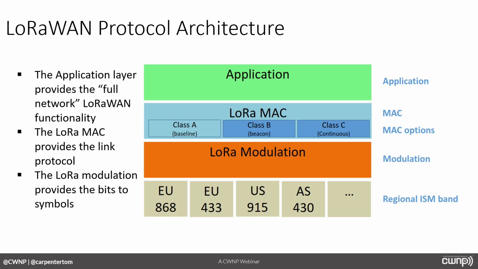But the specific frequency bands are 868, 433, 915, 430, and so forth. There is a freely available document that I'll talk more about later that explains the different channels and data rates and spreading factors, which is a unique feature of LoRa, that are supported in the different regulatory domains.